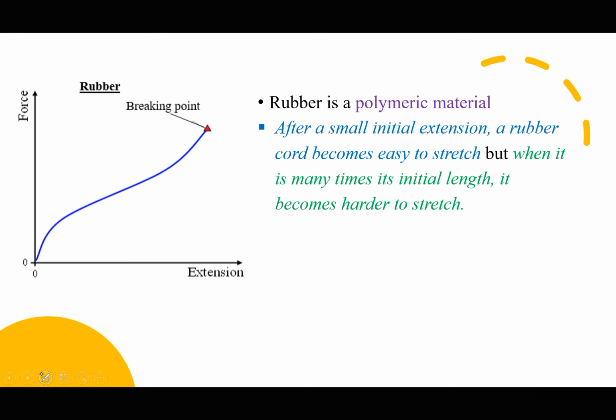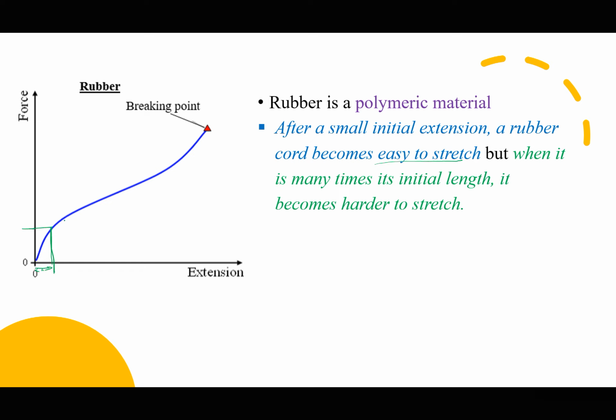After a small initial extension, a rubber cord becomes easy to stretch. But when it is many times its initial length, it again becomes harder to stretch. And if you overstretch, it just breaks. So initially you apply a bigger force to cause a small extension.